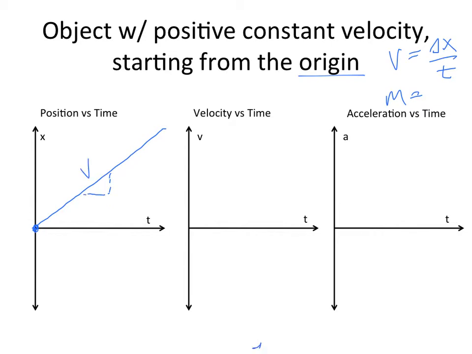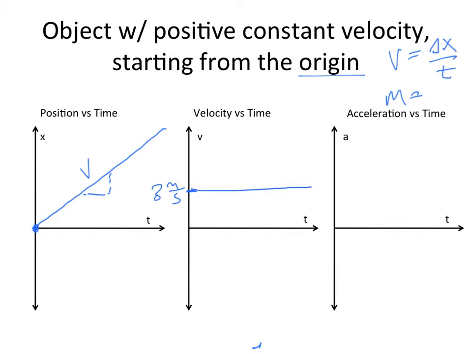And if we have a constant positive velocity, then over here on this graph, that's going to be somewhere up here, because now velocity is on the y-axis. If it's a constant slope here, then it's going to be a constant y value. That's not very constant. Let's undo that. It's going to be a constant y value right here. This velocity is not changing. Say it's 3 meters per second. It's the same thing here, as here, as here.